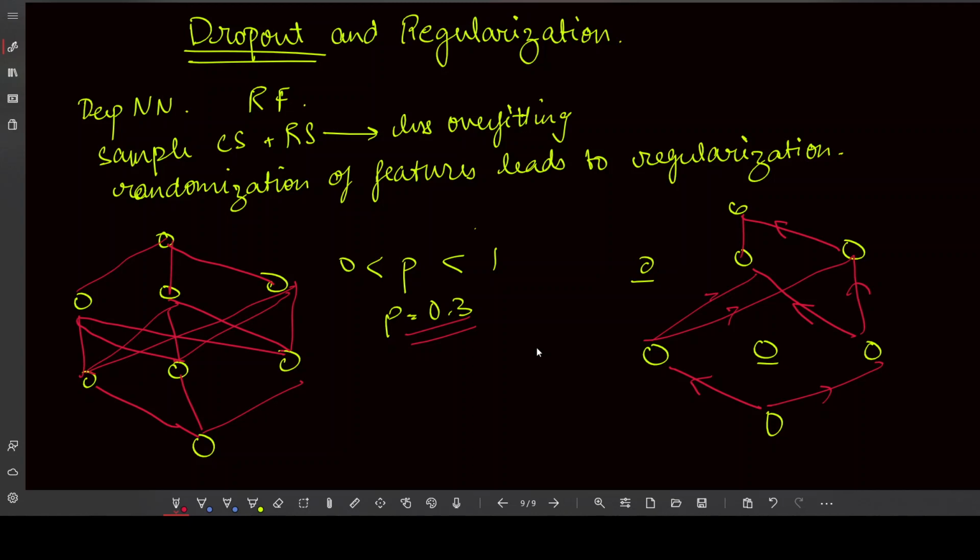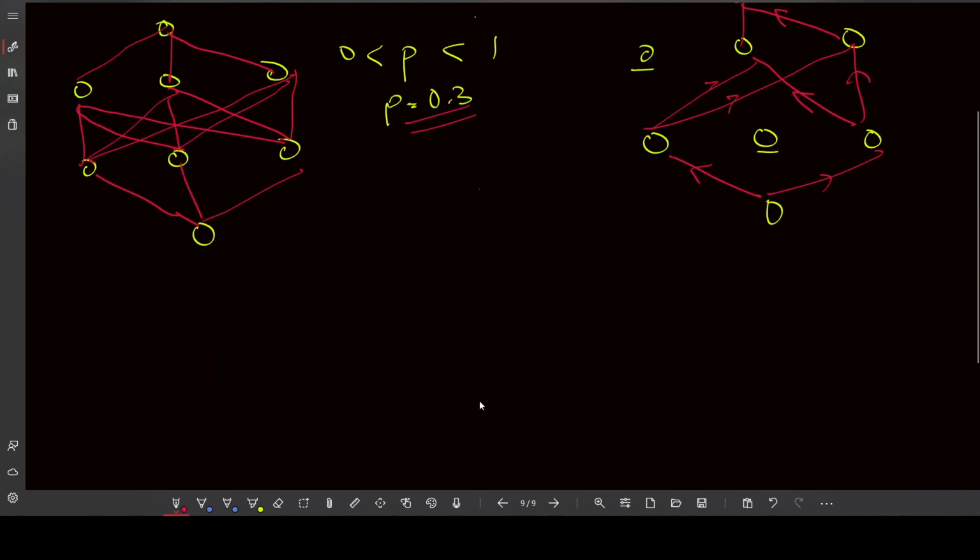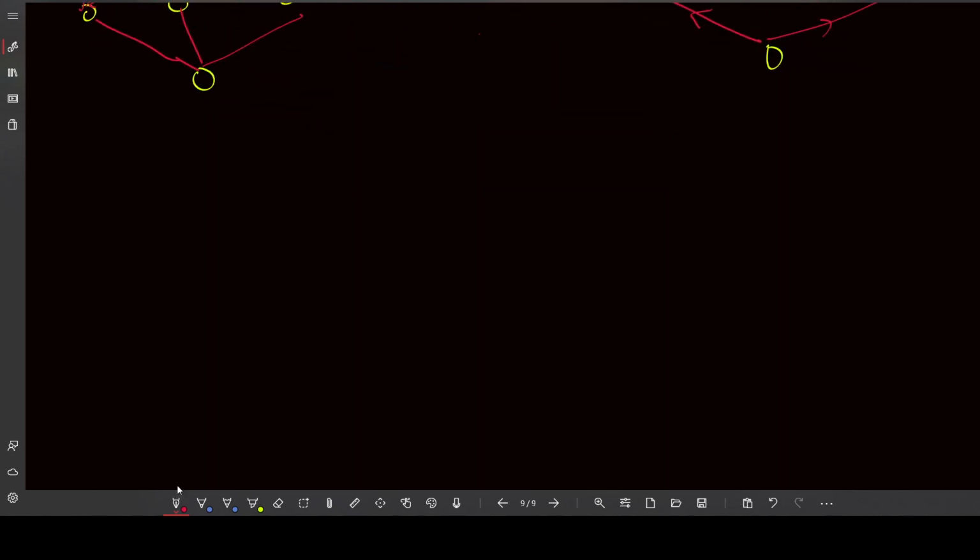Now look, at train time we can switch neurons off, and we can basically prevent overfitting. But what do you do during test time? Because at test time you can't switch random neurons off, right? So what do you do at test time?